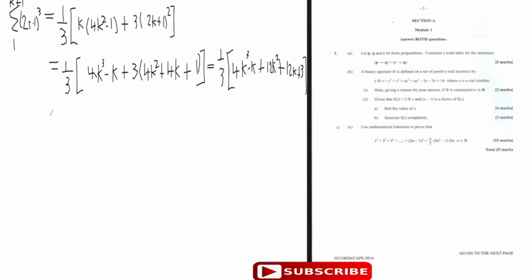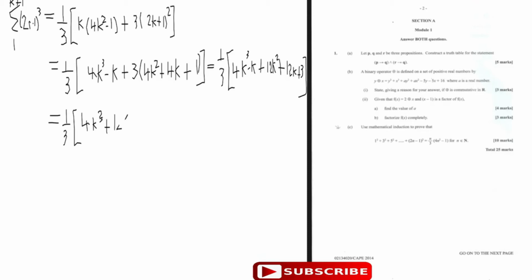Now the only thing we're going to do is put this together in one pretty frame. We're going to write it as 1 over 3 times 4k cubed. Then group up our k squared terms together, which is just the plus 12k squared.